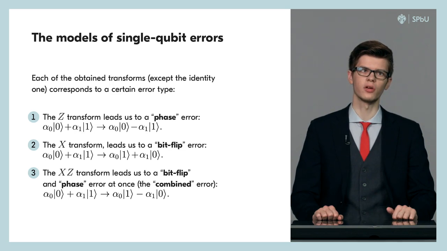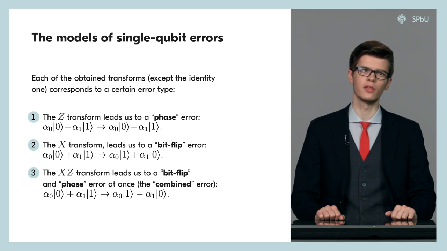The third term corresponds to a bit flip error, which is the action of the X logical element on the qubit state psi. It leads to a bit inversion. The 0 state is replaced by the state 1, and the state 1 is replaced by the state 0. And finally, the fourth term leads to bit flip and phase errors at once, by the action of X and Z logical elements. It means both sign and state inversion.